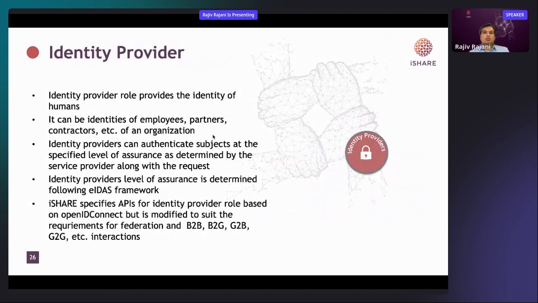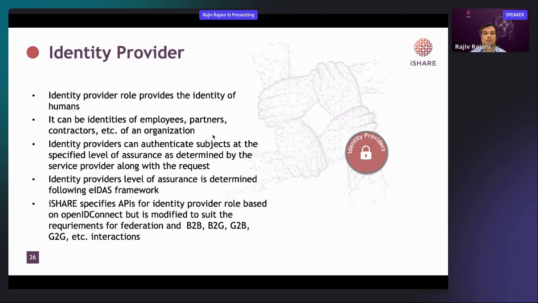The next role in the framework is the identity provider. So the identity provider, as I mentioned, is essential for including the human elements in the transactions, right? One aspect is when two machines or two servers are talking, and it is a purely automated thing, and there is no need of an identity provider.